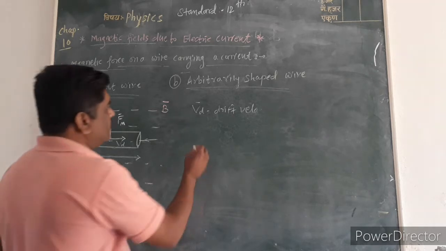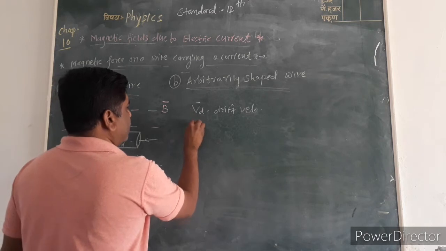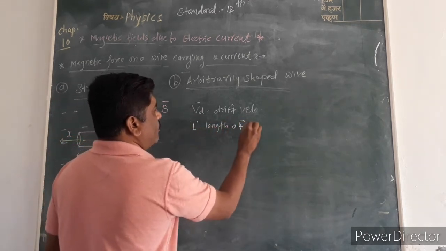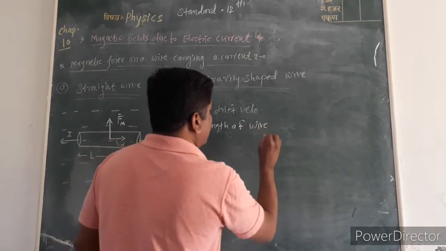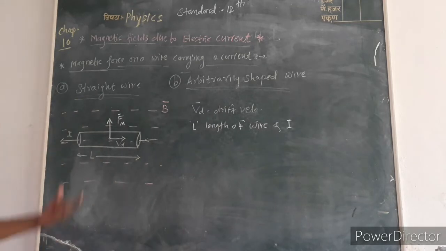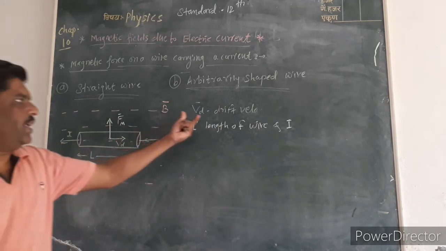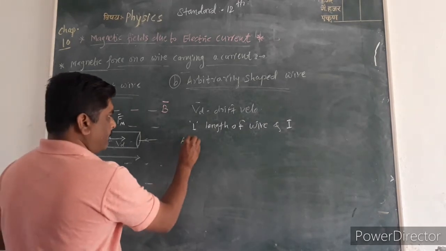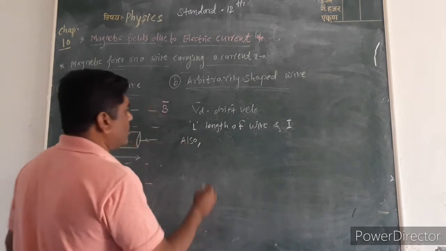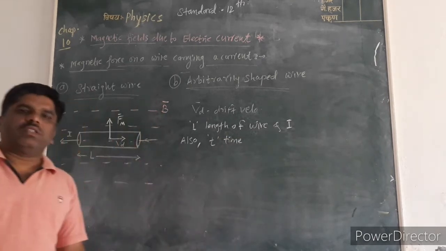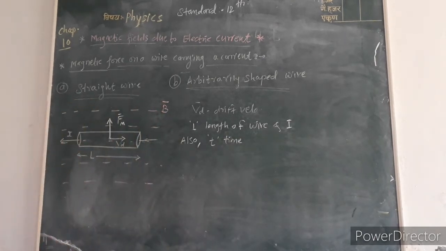Let L be the length of the wire and I the current passing through this wire. Vd is the drift velocity. Also, t is the time for which the current passes through this wire.